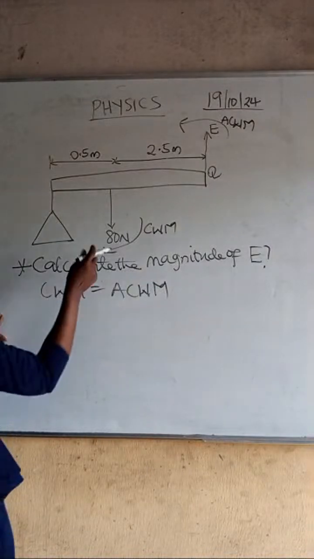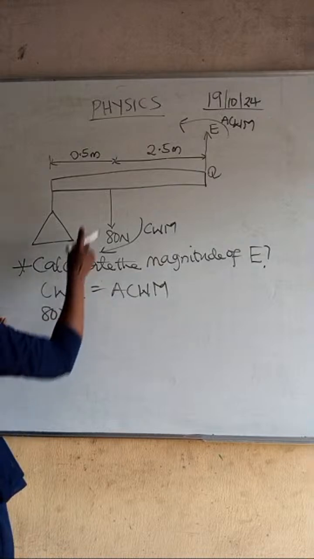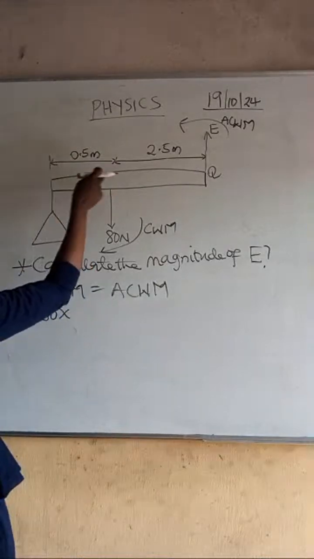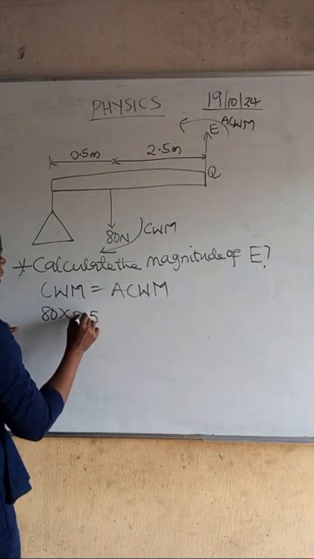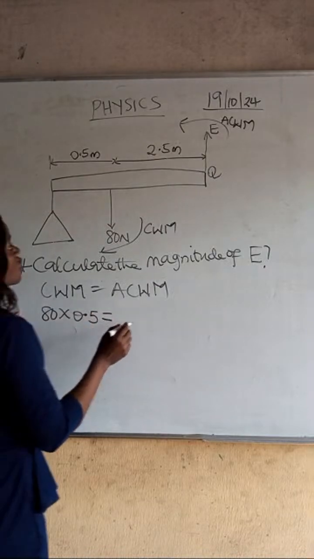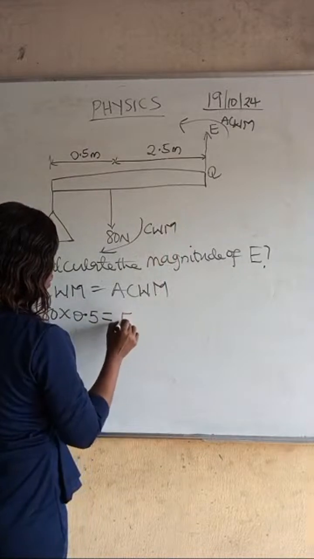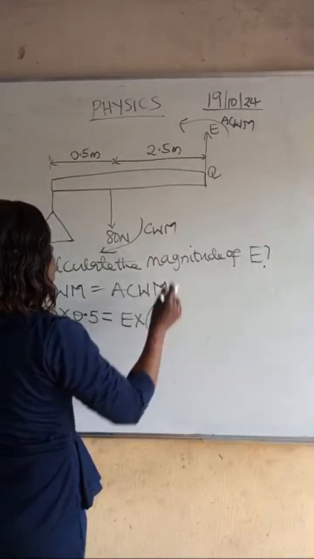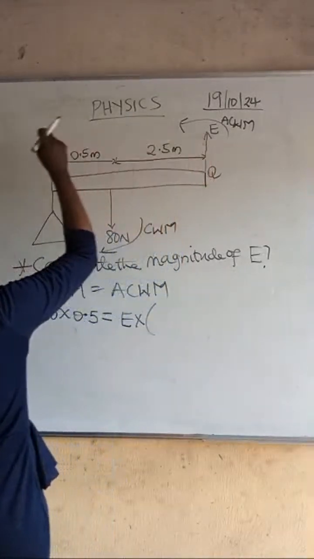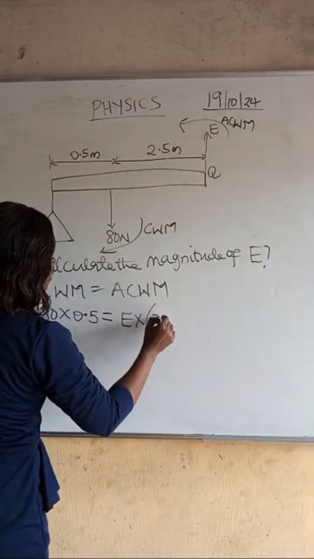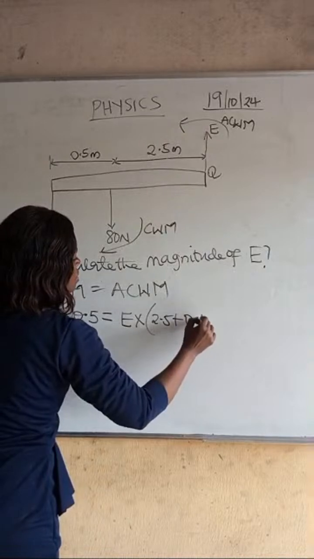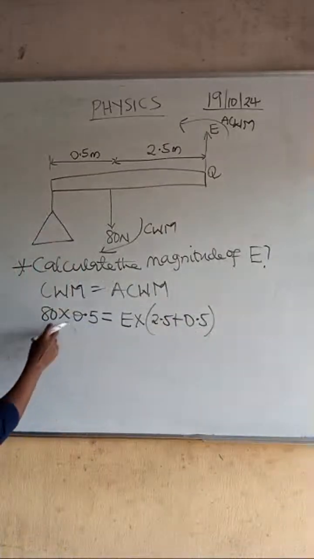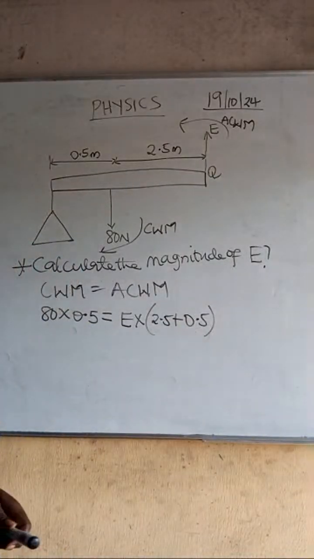That is 80 times from here to the pivot, we have a distance of what? 0.5, is equal to E, that is what you are looking for, times the distance from here to this pivot, and I have 2.5 plus 0.5, right?